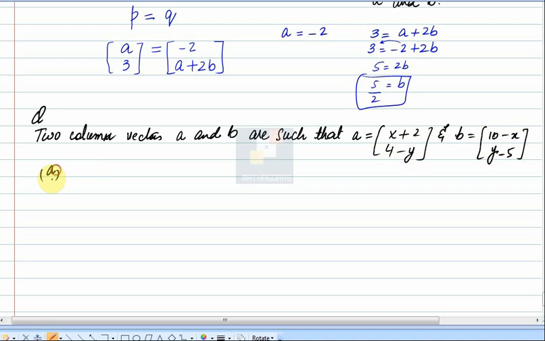First part, if A is equal to B, find x and y.